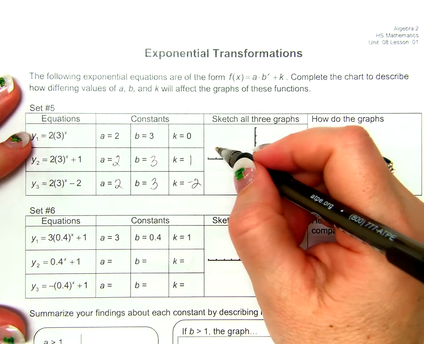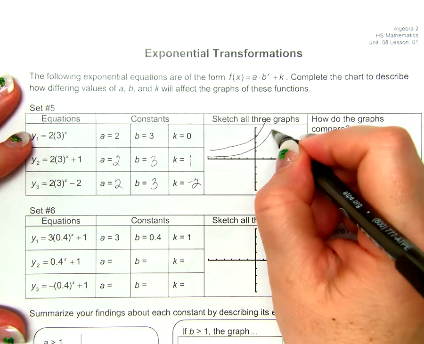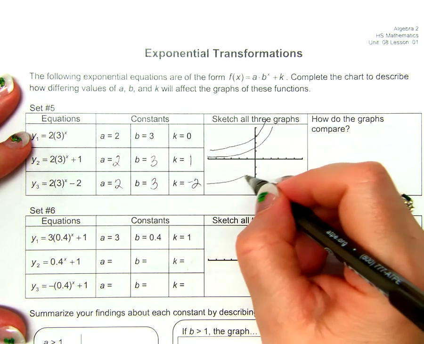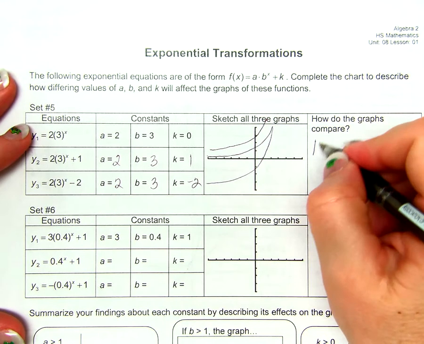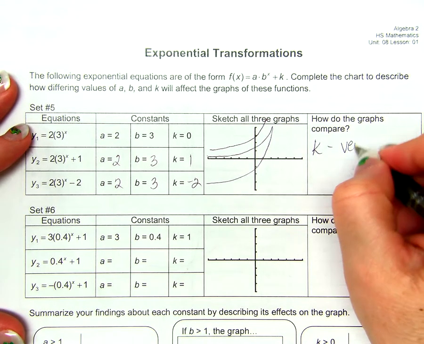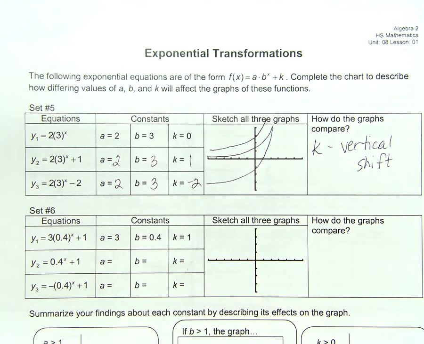Did it turn out the same way here? So we think K causes a vertical shift? Wait, didn't K cause a vertical shift last time? So it's doing the same exact thing in a new parent function? Oh my gosh.